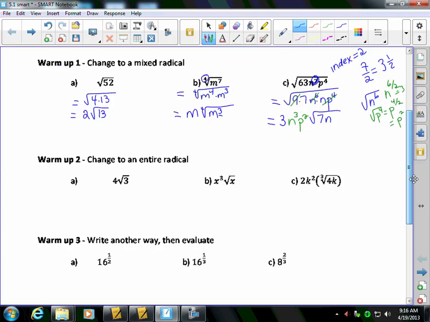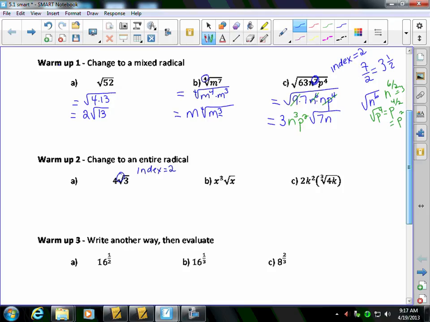So to go from a mixed radical to an entire radical, you're doing the opposite. You're going to take a look at what my index is here, and whatever that is, you're going to put it to the power of the number in front. So this one has an index of 2.